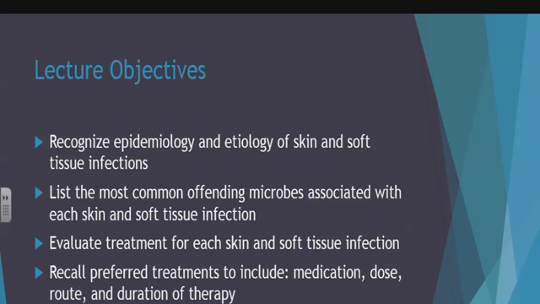I want you guys to be able to list the most common offending microbes associated with each skin and soft tissue infection. I also want you to be able to evaluate treatment for each skin and soft tissue infection. So if I give you an example case, I want you to be able to tell me, is this going to cover the most likely organisms, and is this appropriate given the patient's severity of presentation? I also want you to be able to recall preferred treatments, and this includes dosing.